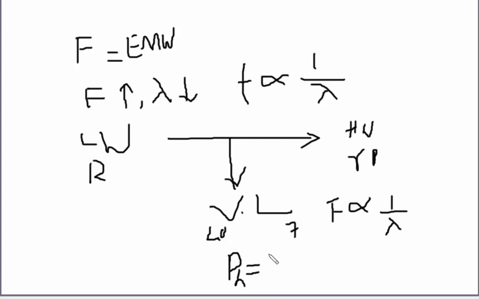It can be expressed as h into c. The famous scientist Planck derived this equation, so h is called Planck's constant and c is the velocity of light.